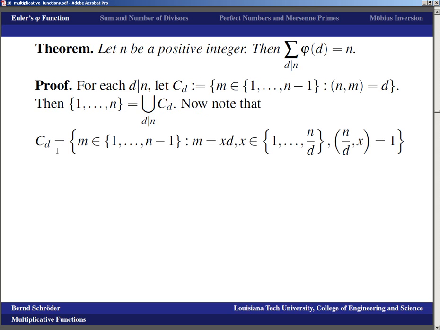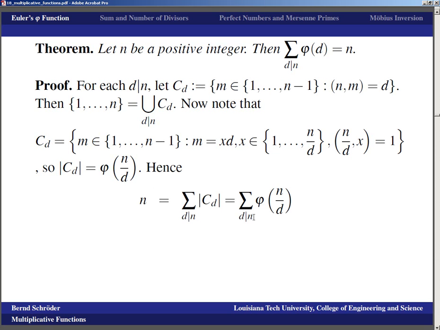Okay, so now let's note that c sub d is the set of all numbers between 1 and n minus 1 so that m is x times d, where x is a number between 1 and n over d, and the greatest common divisor of n over d and x is 1. And that means that the number of elements of c sub d is actually phi of n over d. And so that means that n is the sum over all d dividing n of the absolute value of c sub d, which is the sum over all d dividing n of phi of n over d.